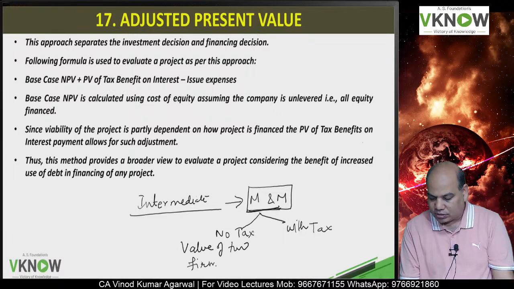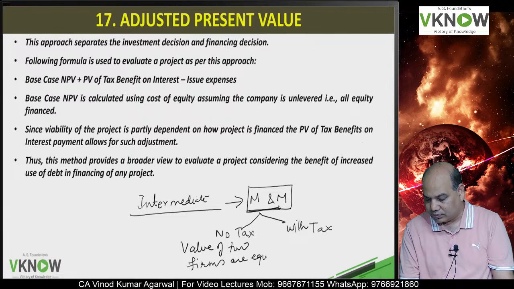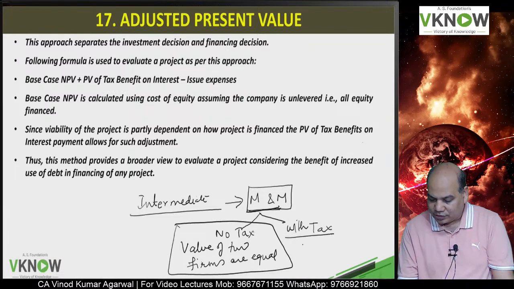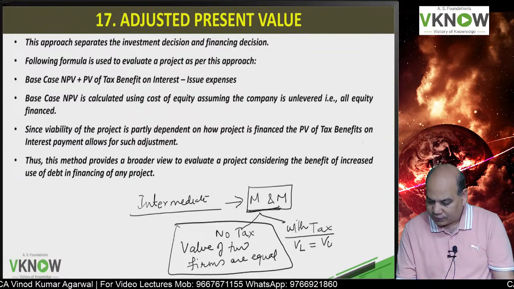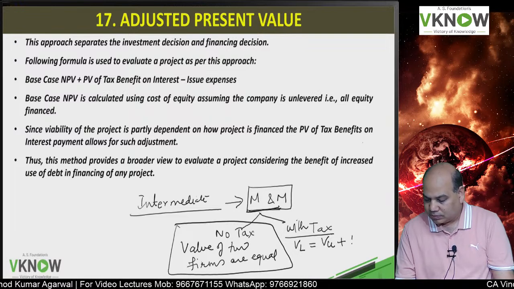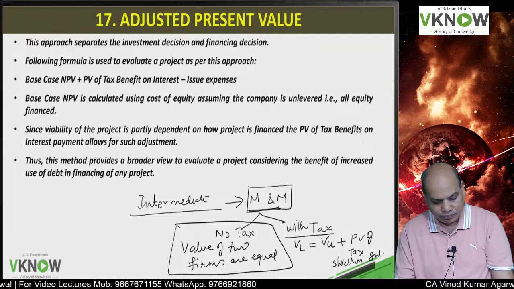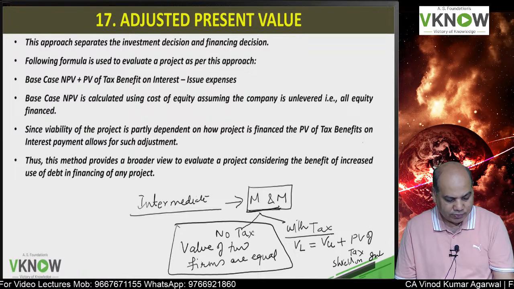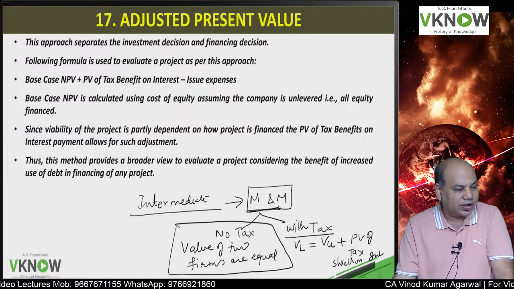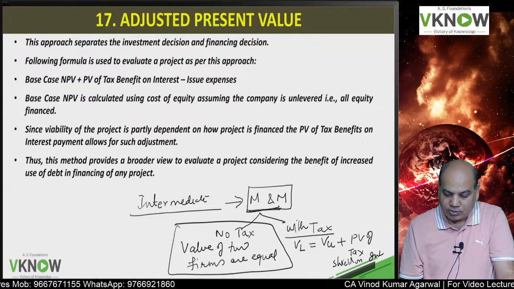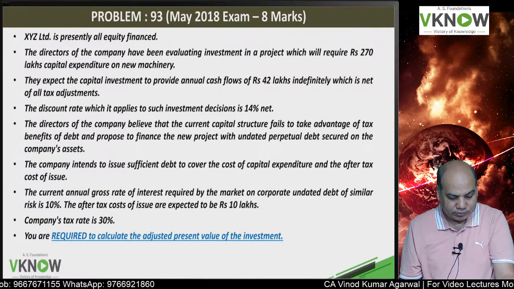But if there is taxation, value of a levered firm is equal to value of unlevered firm plus PV of tax shield on interest. Using the same logic, we are now going to compute adjusted present value also. First compute as if the firm is an equity finance company.